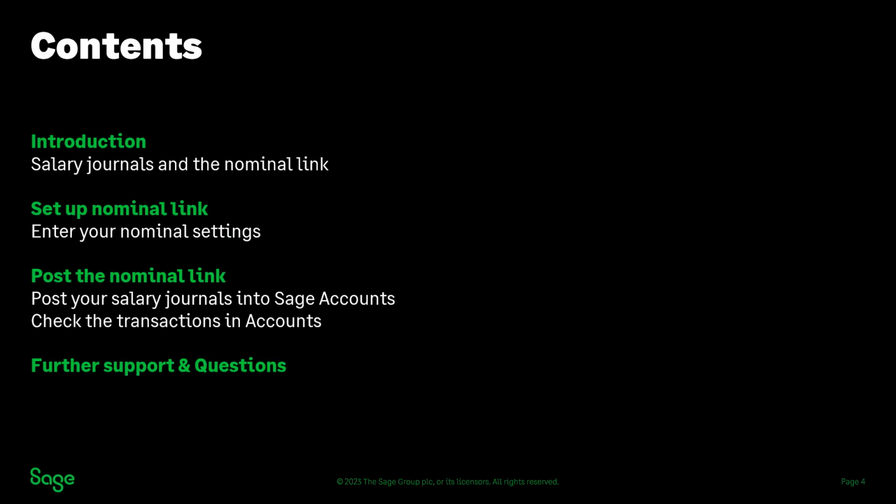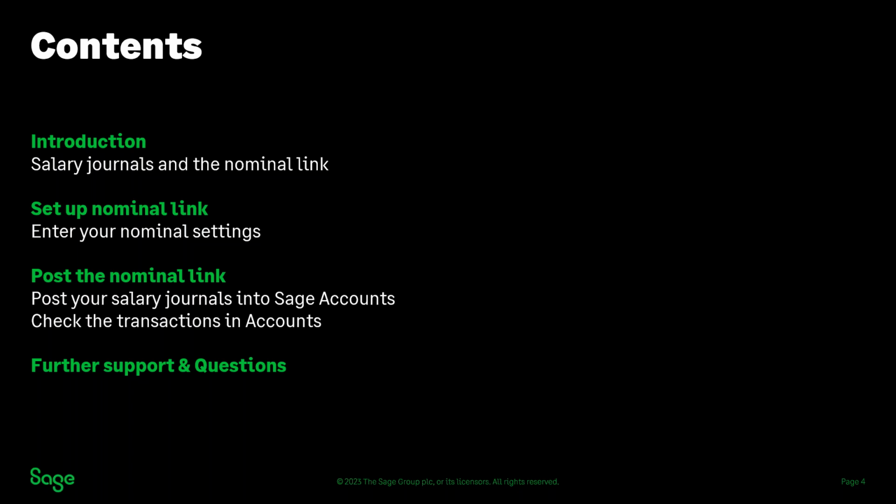Right, let's take a look at what we're going to be covering. A little bit of an introduction to salary journals and the Nominal Link. I'll be covering that bit. We'll then be handing across to Duncan, who will take you through the setting up of the Nominal Link, so entering your actual nominal settings in Sage 50 Payroll. And then he'll be giving you an example of what it looks like to actually post the Nominal Link, so looking at posting the salary journals into Sage Accounts.